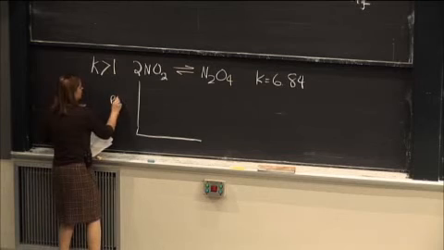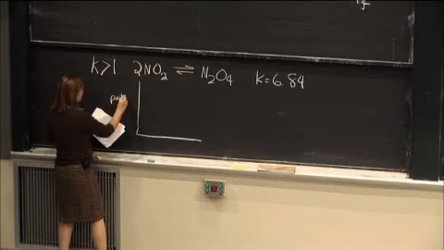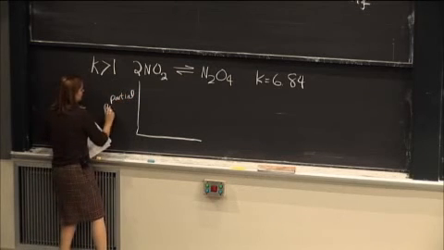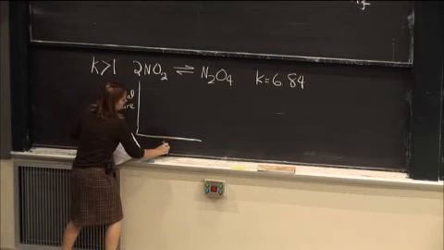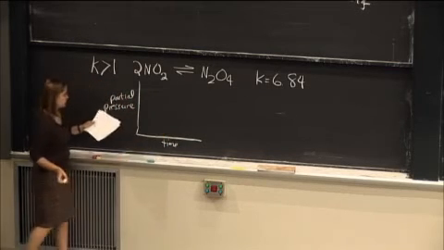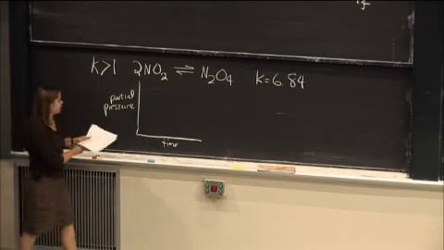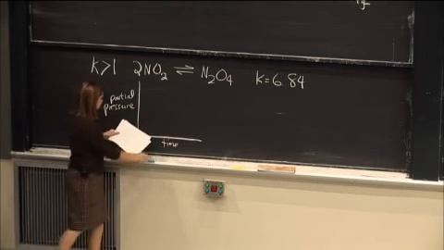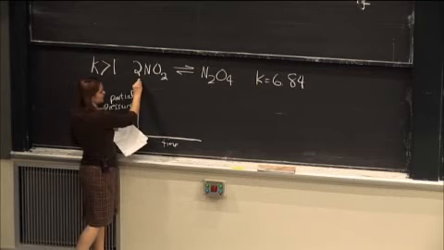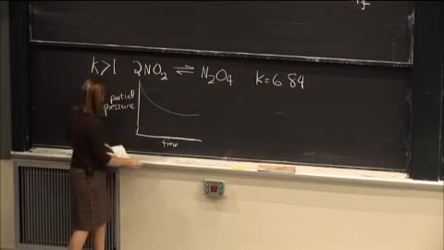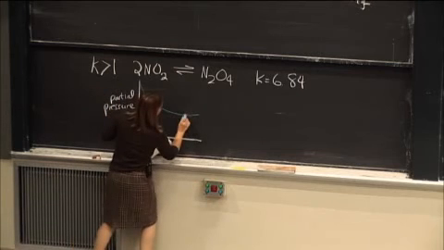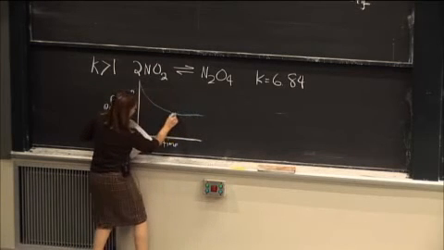So over here, instead of concentration, we're going to talk about partial pressure because we're talking about gas. And we have time. So initially, we have our reactant. And the reactant starts at some concentration and decreases, and then reaches a straight line.